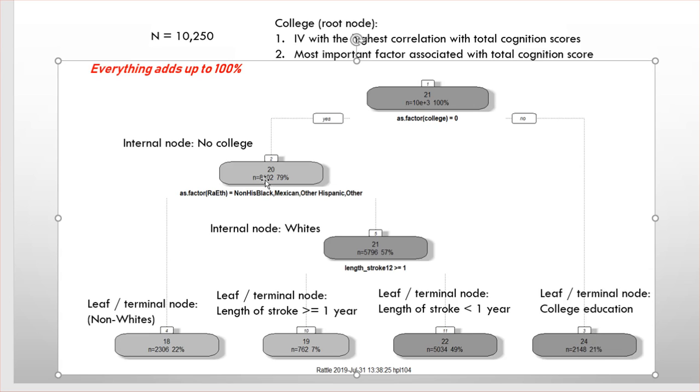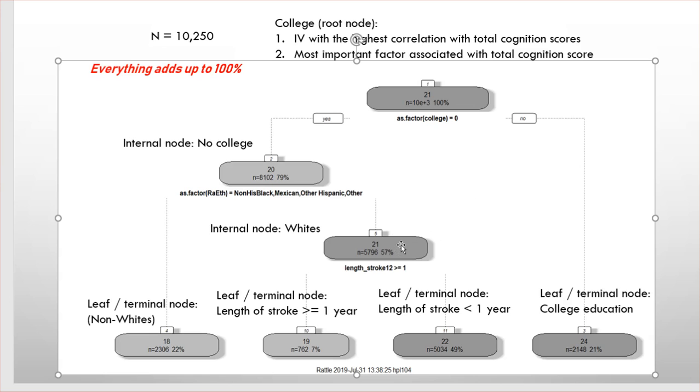And among those without a college education, this internal node is further subdivided into two more internal nodes. On the left side of this internal node, we have the non-whites. About 22% of the respondents are non-whites with no college education.